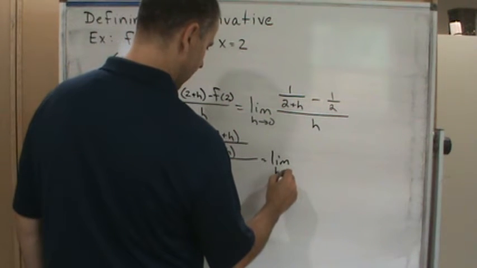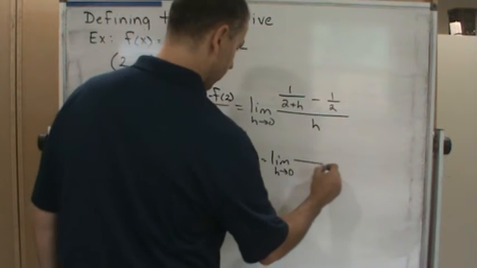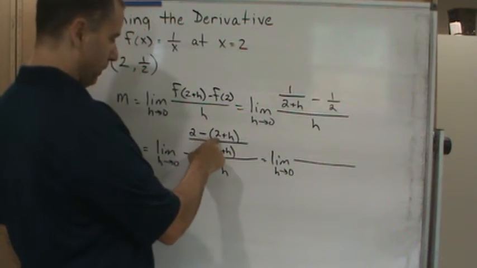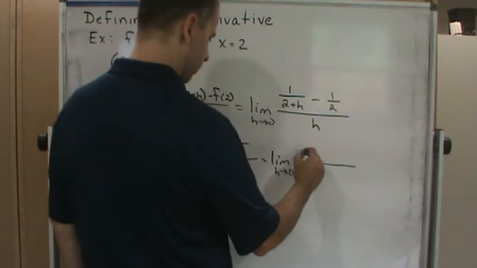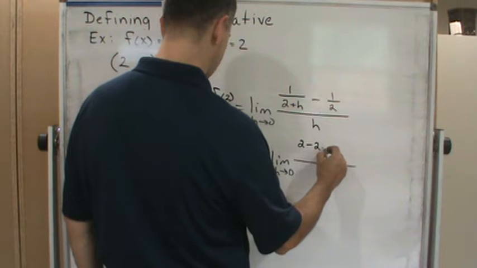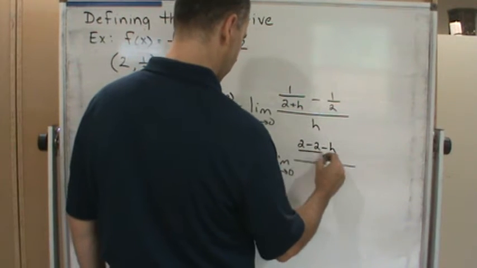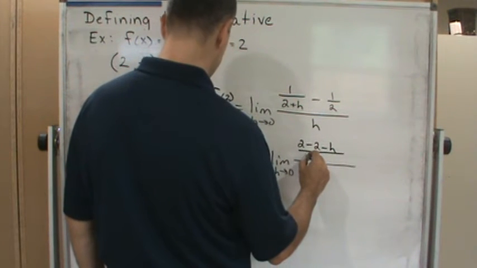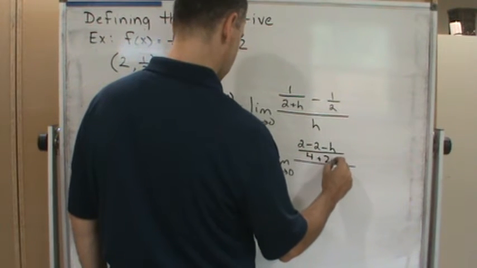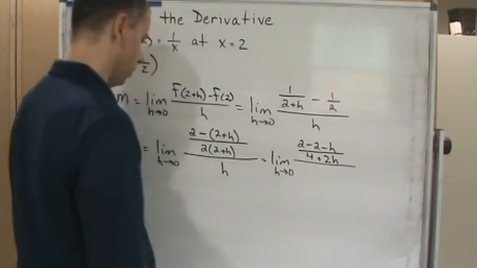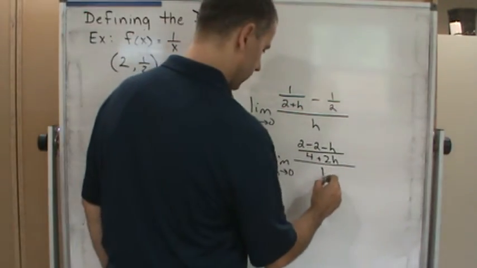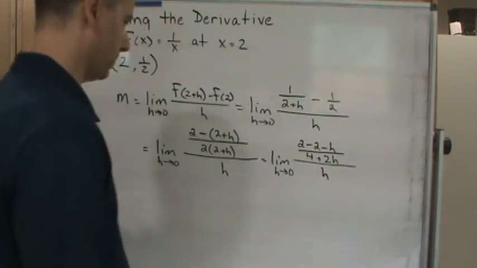Limit as h approaches 0. And now what happens up here? If I distribute the minus sign, I get negative h, right? So this is going to be 2 minus 2 minus h, over 4 plus 2h, all divided by h.